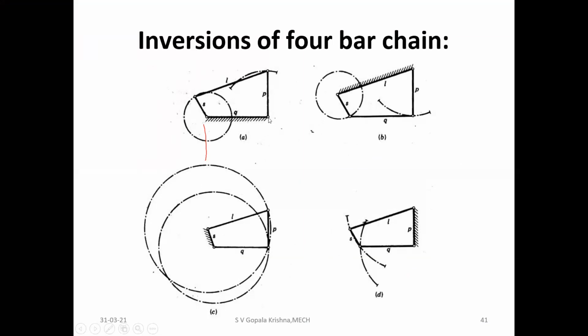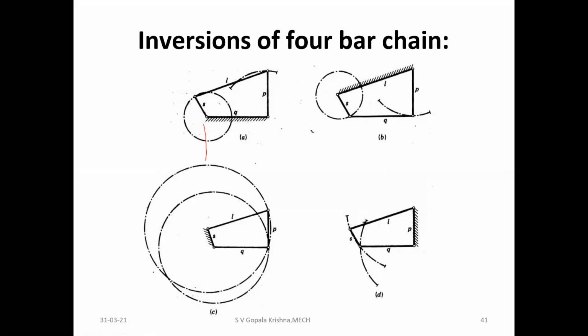So they are varying the fixed link: first time Q is fixed, next time L is fixed, next time S is fixed, and next time P is fixed. When we vary the fixed link, we achieve a new mechanism. It is very, very important.